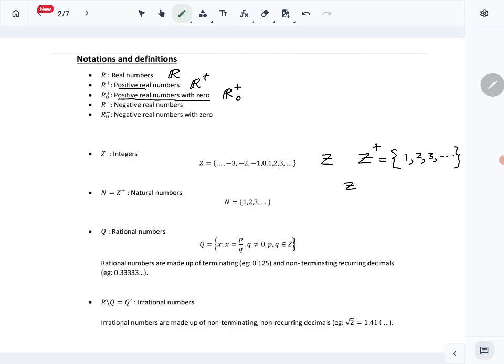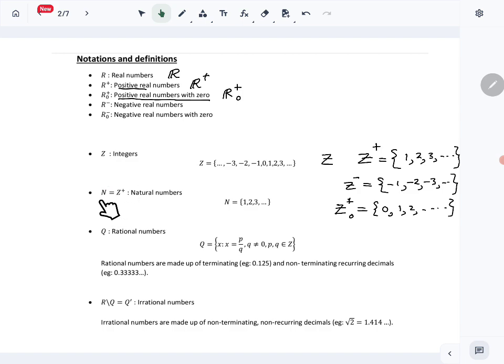And similarly you can write Z minus, which means all negative integers. And if you want to include 0, you add a 0, which means all positive integers with 0: 0, 1, 2, and so on. Right. So these notations can be extended to integers, and any other numbers also. Right. So we have now defined what integers are.